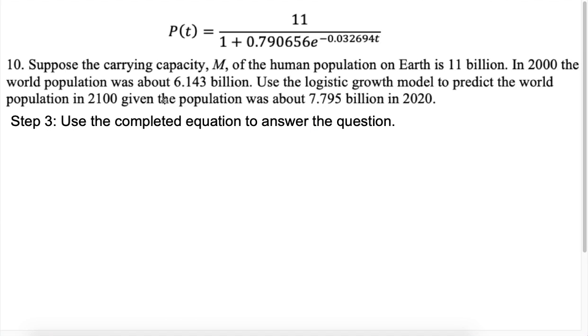It says, predict the world population in 2100. So since 2000 is t equals 0, 2100 would be t equals 100.